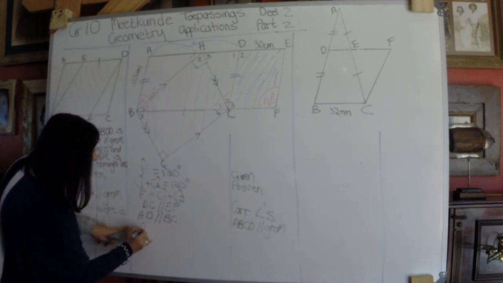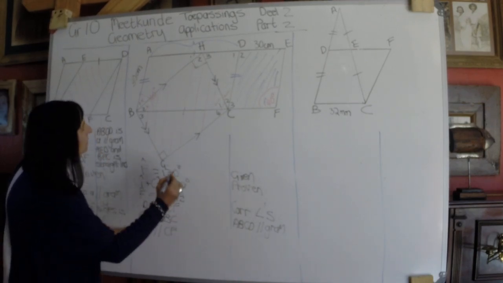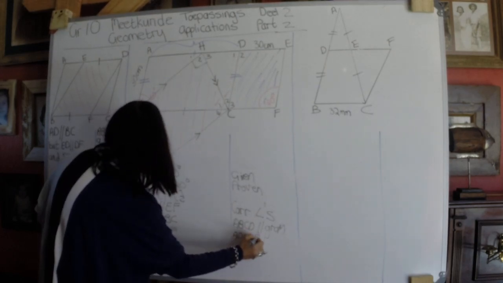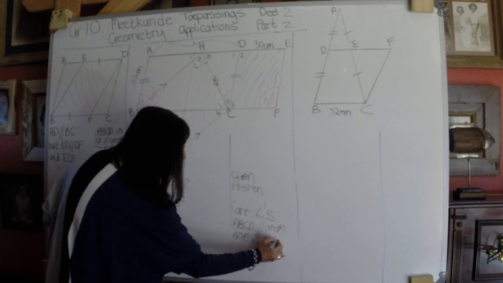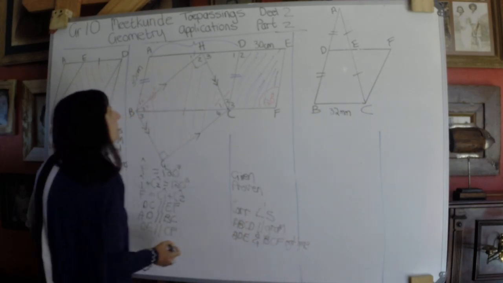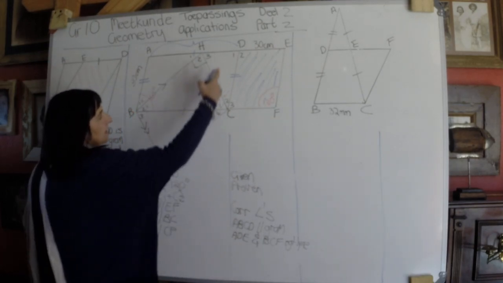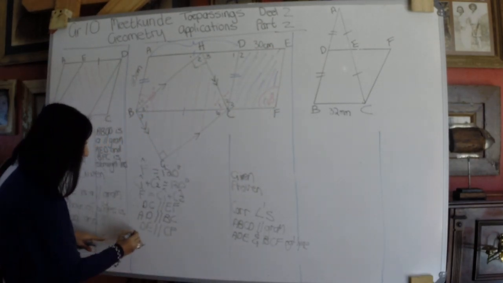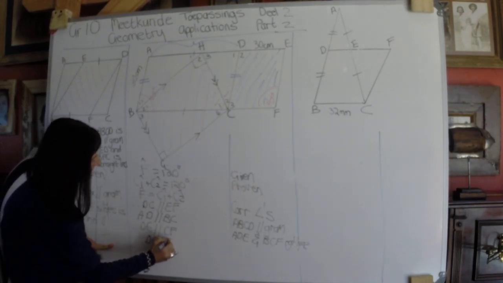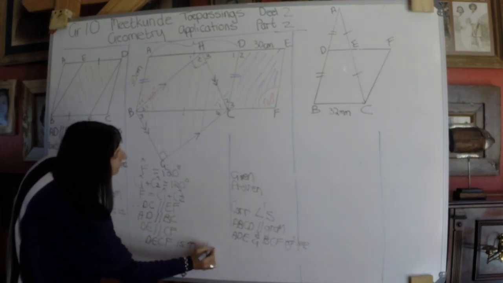So DE will also be parallel to CF, because ADE en BCF is reguit lyne. So omdat DE evenwydig is aan CF en CD evenwydig is aan EF, beteken dit dat DECF is 'n parallelogram.